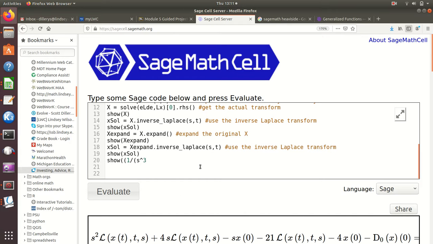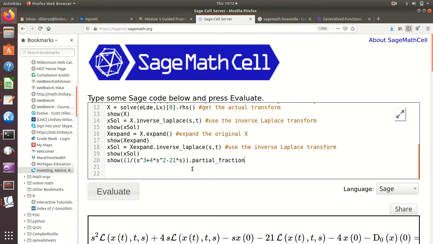Oh yeah, because it's got that other s term in it. So 1 divided by s cubed plus 4 times s squared minus 21 times s. There I've done the division, dot partial fraction.